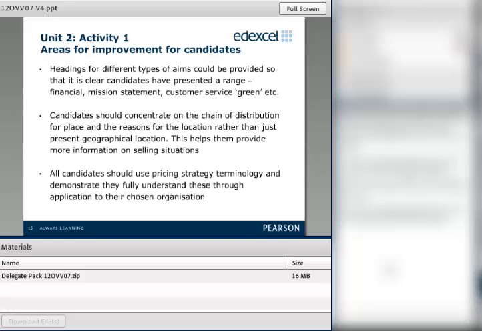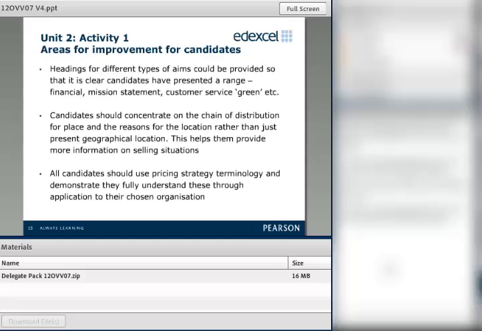And it makes it easier for the moderator, definitely, to see that they have looked at a range, and also it makes them think more, because quite often mission statement aims and objectives can look as if they're flying in the face of the financial ones.